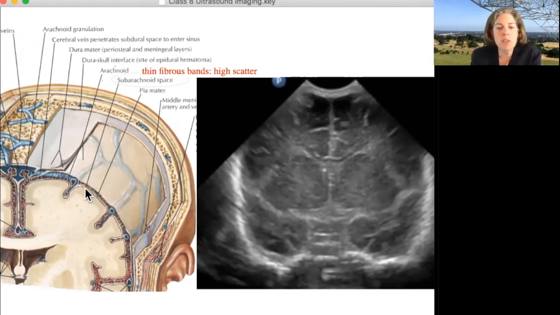Well, the same thing here is that they're going to give rise to echoes coming back, these thick fibrous bands. And so what we see is that there is actually a speckle pattern, even though there's fluid in there and a significant amount of fluid that gives rise to bright signal in T2 weighted MRI. Here it's going to be bright on the ultrasound images because of that fibrous tissue.